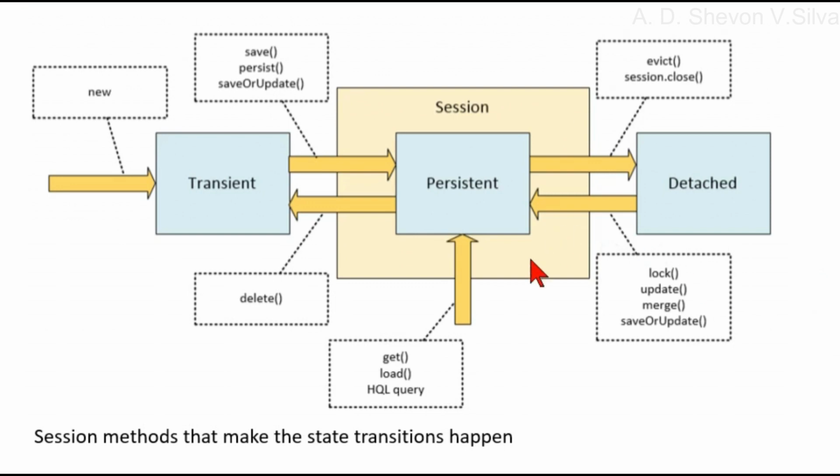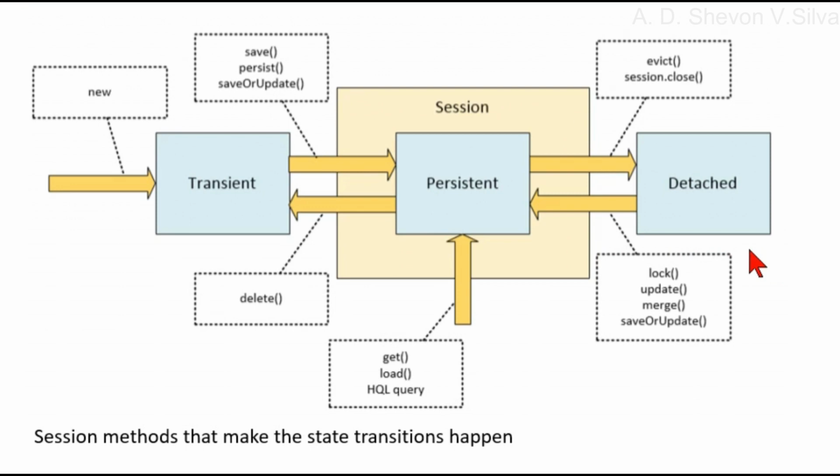When the entity instance is in the persistent state, all the changes that we make to the mapped fields of this instance will be applied to the corresponding database records and fields upon flushing the session. The persistent instance is online, whereas the detached instance is offline and not monitored for changes.